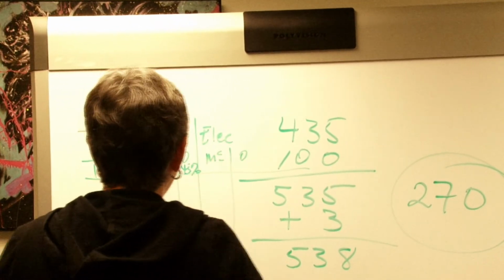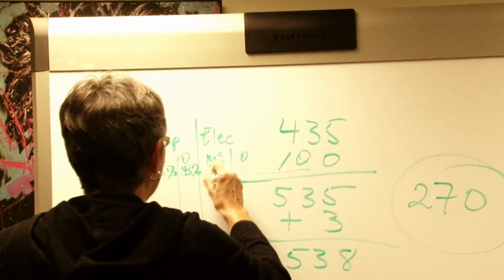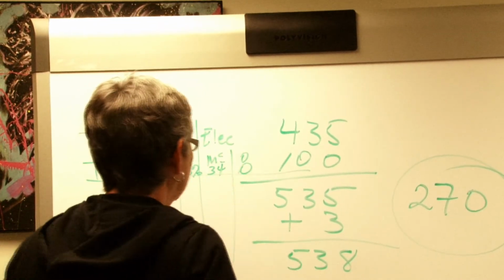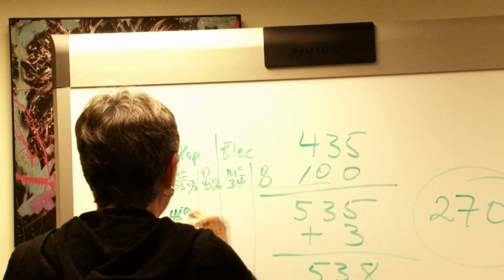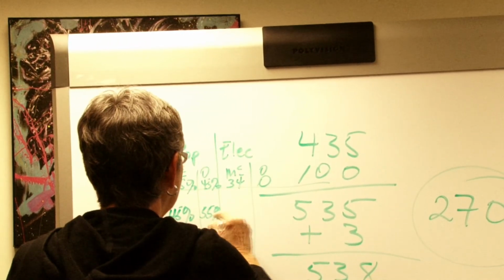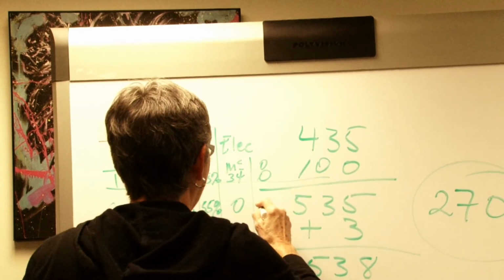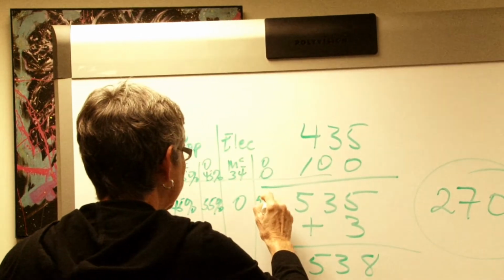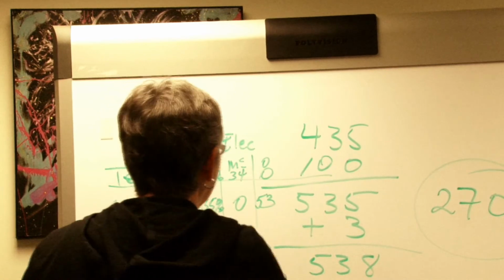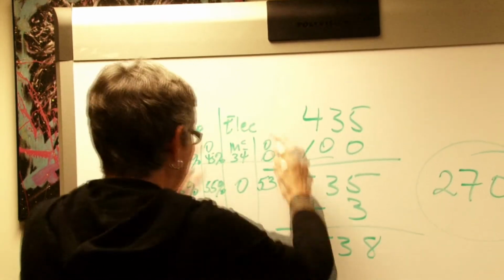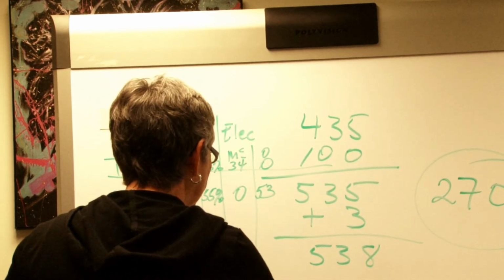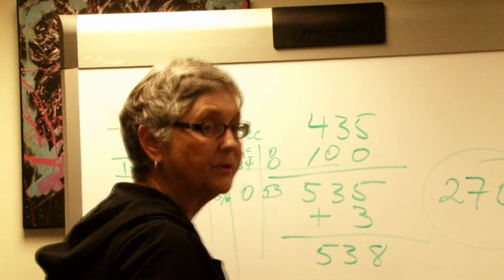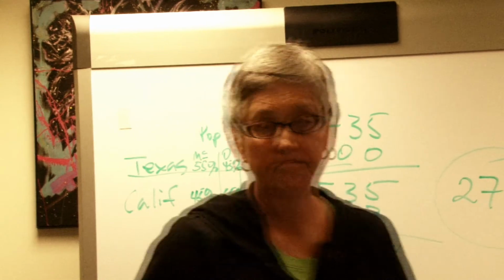And the electoral vote, McCain got 34, Obama got 0. In California, McCain got 45%, Obama 55%. McCain got 0, Obama gets 53, whatever it was. Then you add them up. These are the ones that are important, the electoral votes, and the first one to get 270 becomes the President of the United States.